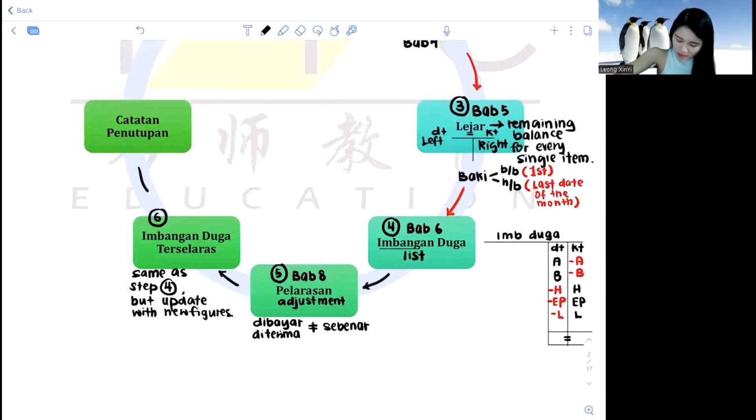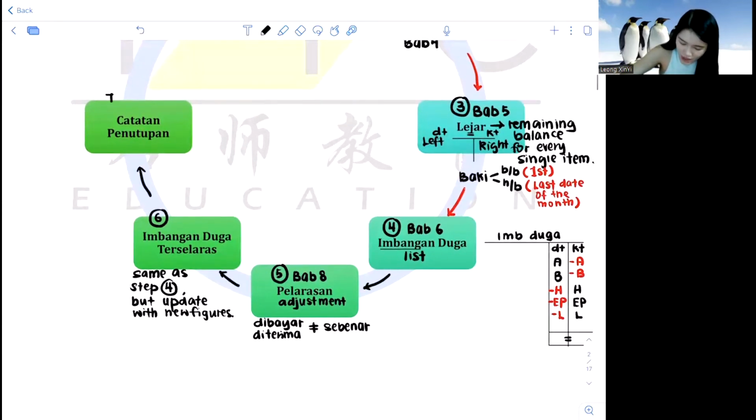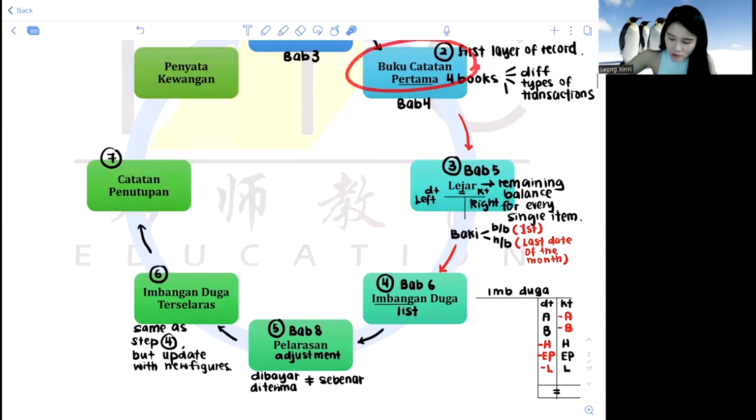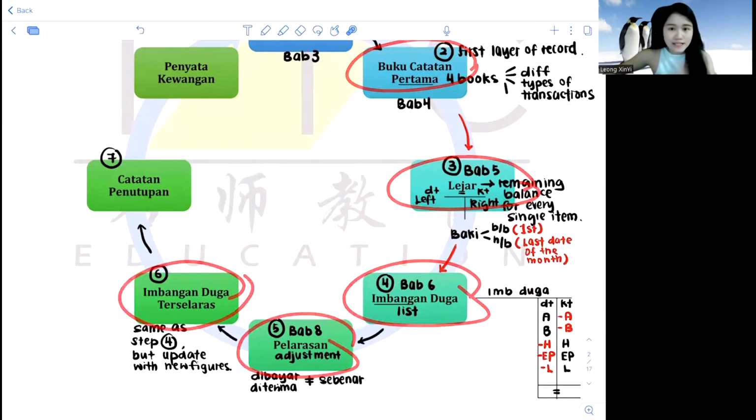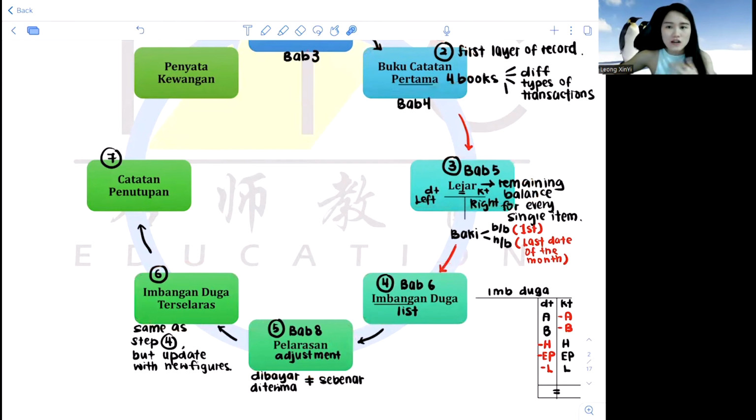Now to step number 7. This 7 is actually quite weird because it's teaching you to do something that you obviously have to do anyway, like in step 2, step 3, step 4, step 5, step 6. Every single stage you will be doing a closing.